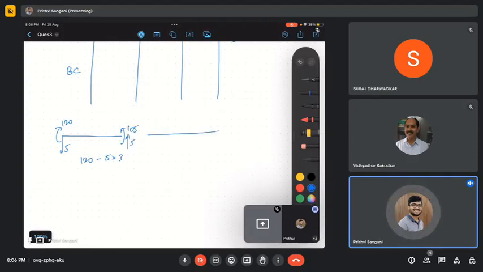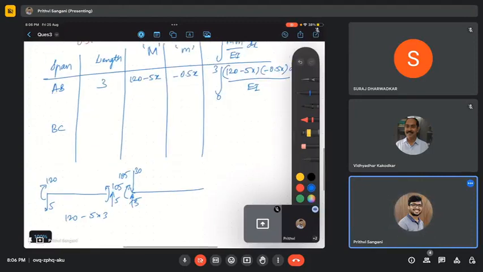When you take this, you have a 30 kilonewton external force, 5 here, and you have 105.